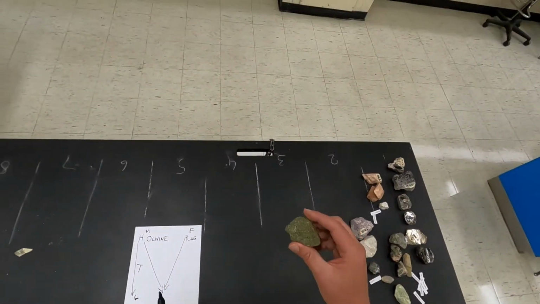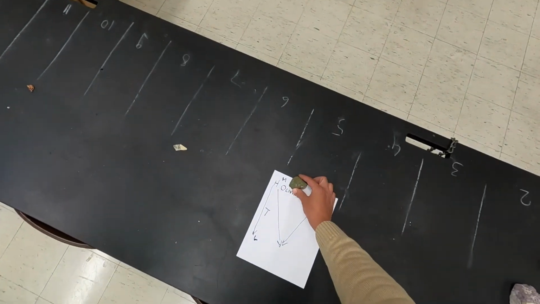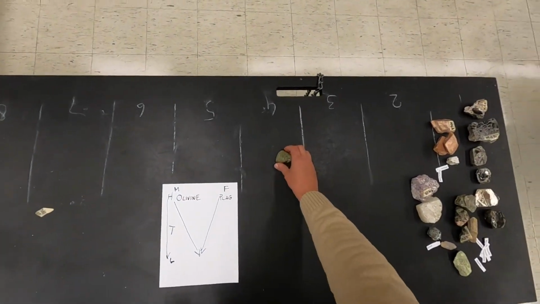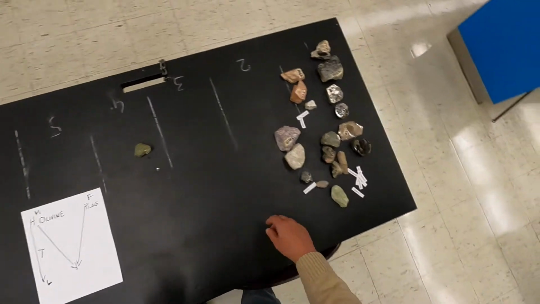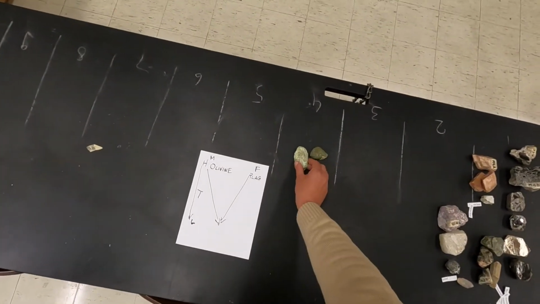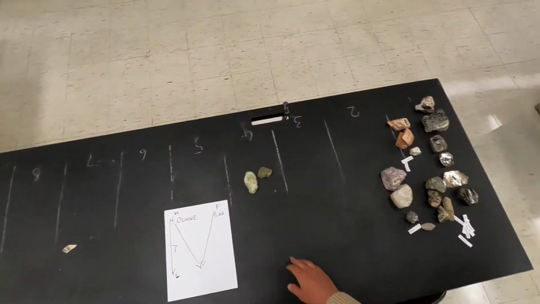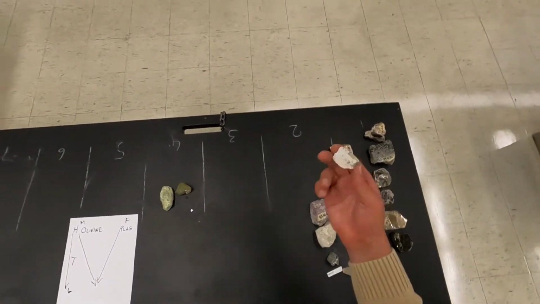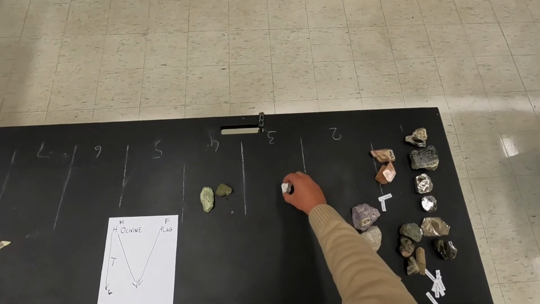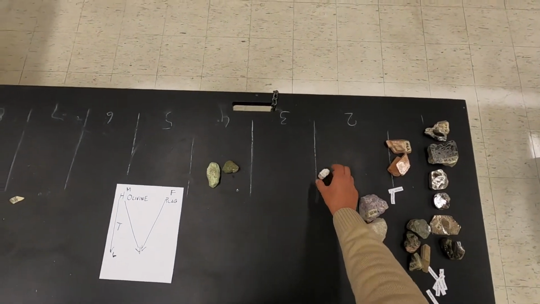Here is the olivine, classic olive green. So we will place it here, and also this is olivine, and we have plagioclase. So this is the plagioclase, the white feldspar. It's my plagioclase here.